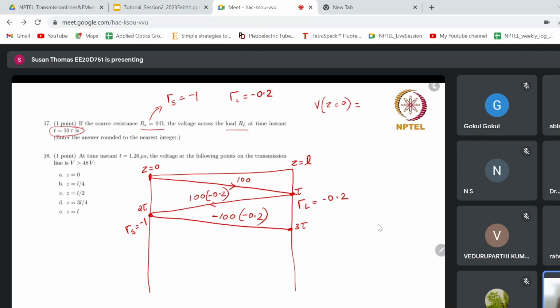Again, there is a reflection. After reflection, minus 100 into minus 0.2 the whole square. And this goes on. Now we need to understand what is the question asked. The question is at time t equal to 10 tau, and also remember, this is being asked at the load end.